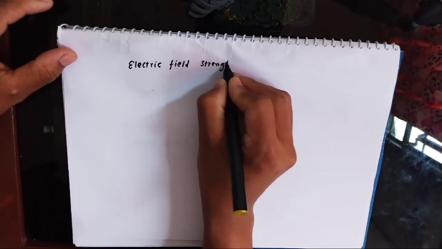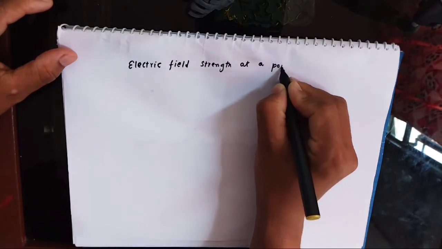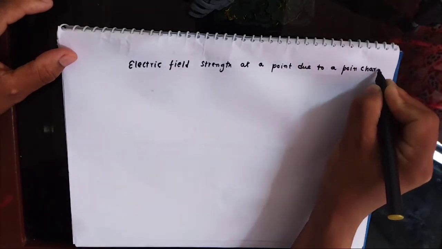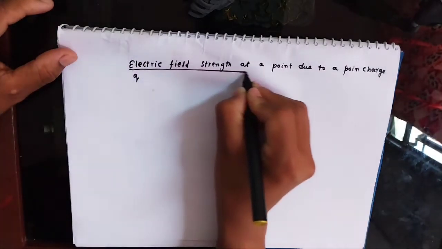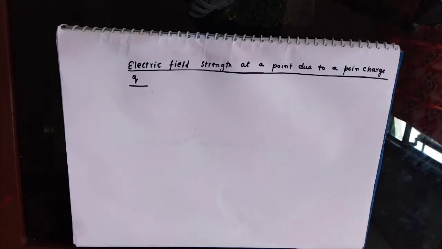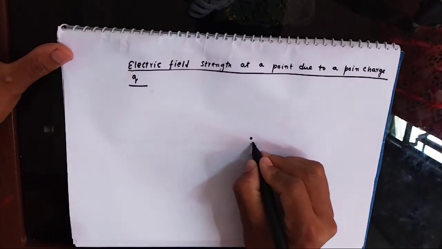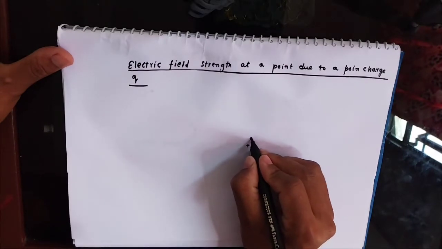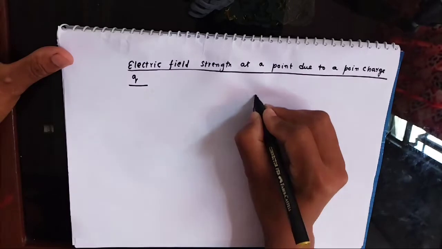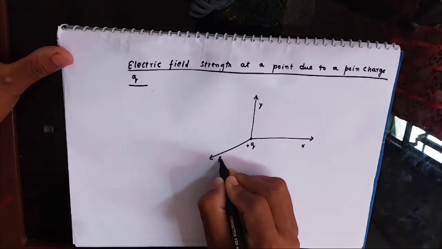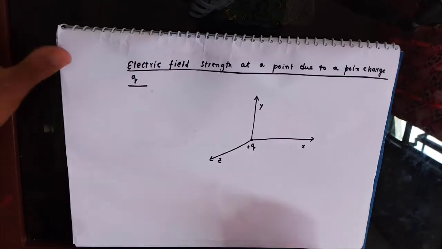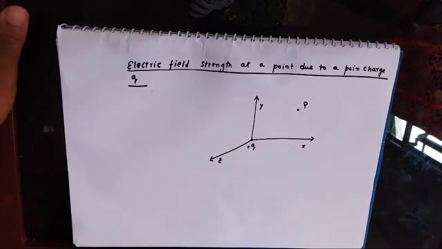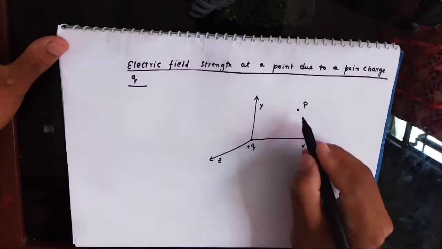Electric field strength at a point due to a point charge Q. So let us consider a point charge Q, say positive, in such a way that this one is X, this one is Y, and this one is Z. Then this is a point P, and we want to calculate the electric field strength at this point.